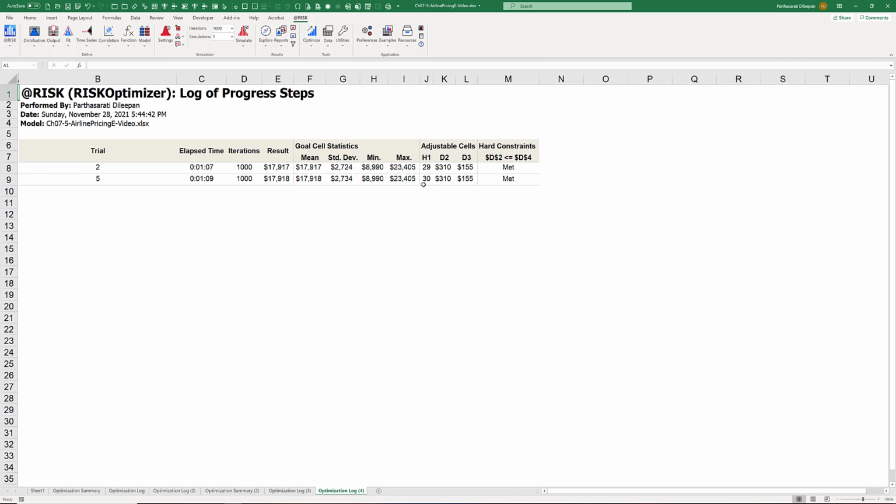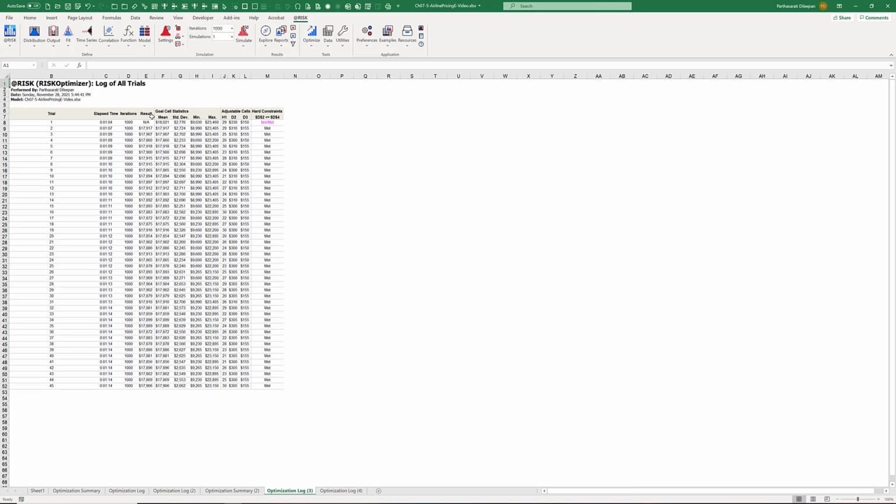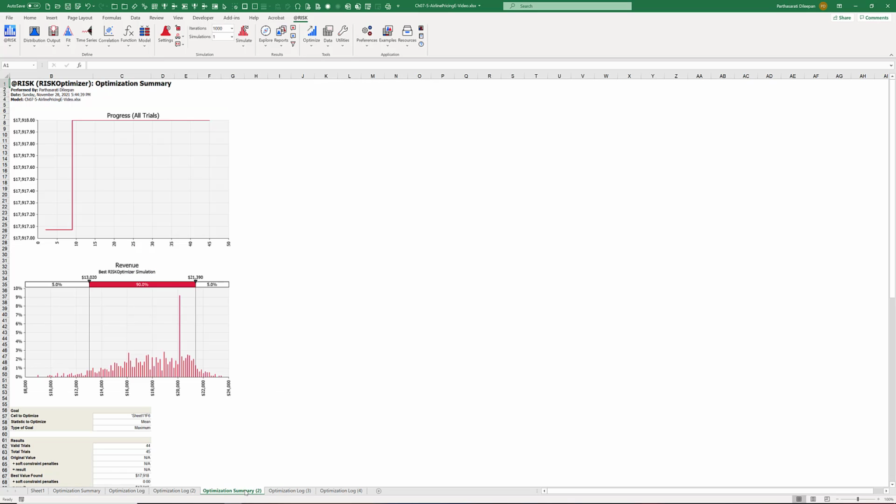Here are the answers found. Trial number 5 gives you the best answer. And here are the trials that it went through and a graphical representation.